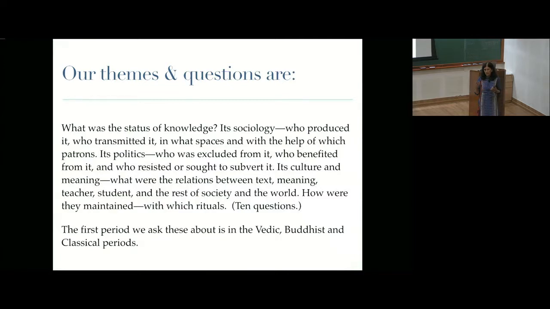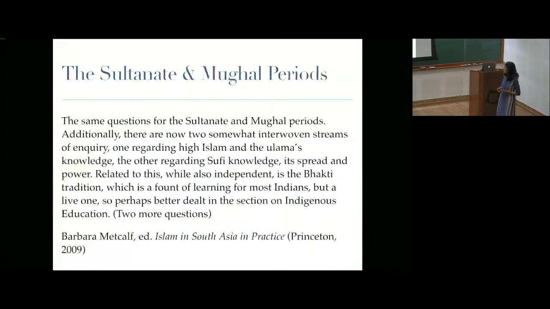Of course, you may not know that's a historiographical problem or a problem of data, but at least you'll have asked the questions right. So we have 3 periods. The first one is summarized as the Vedic, Buddhist, and classical period, and you ask these questions about them. The second one is the Sultanate and Mughal periods, and you ask these questions about that period.